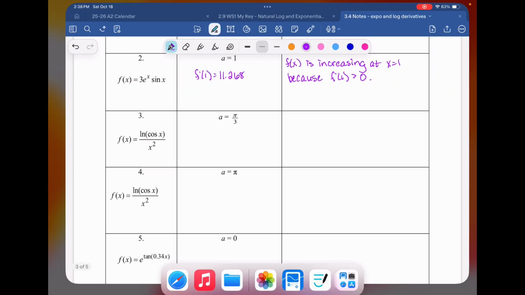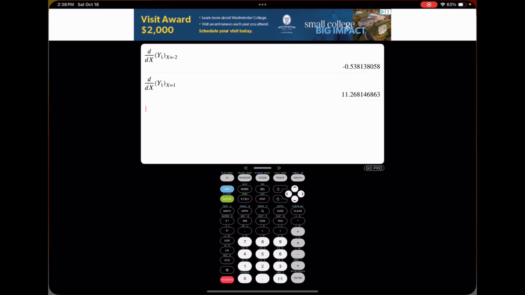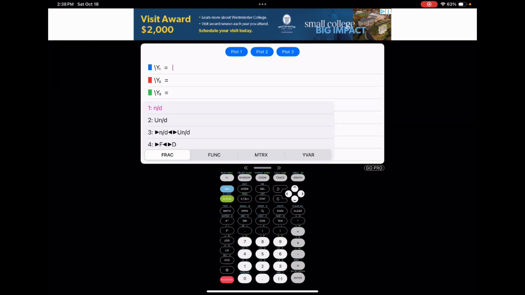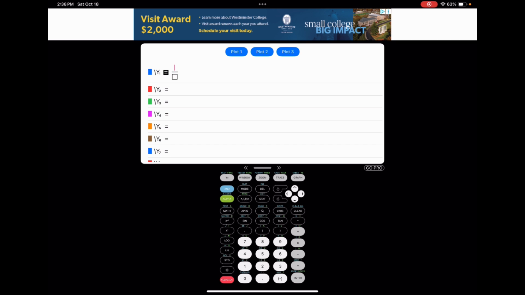Okay, new function. So go to your y equals, clear, your fraction bar, and I need the ln of cosine x over x squared.